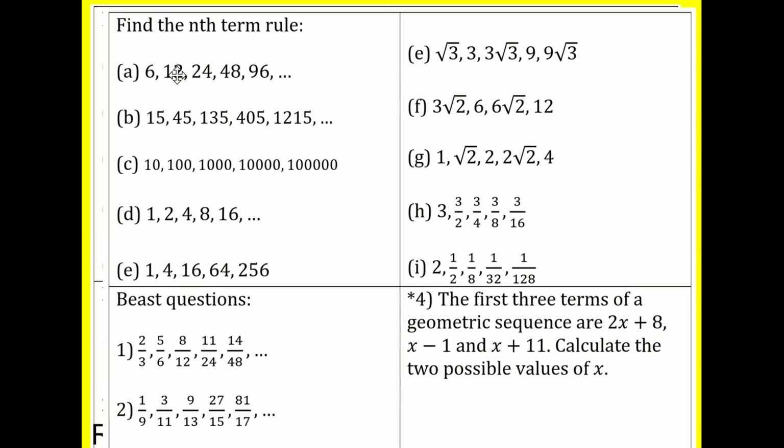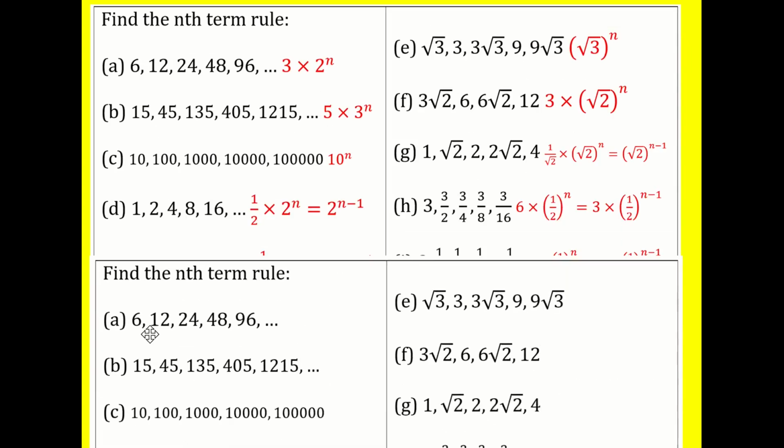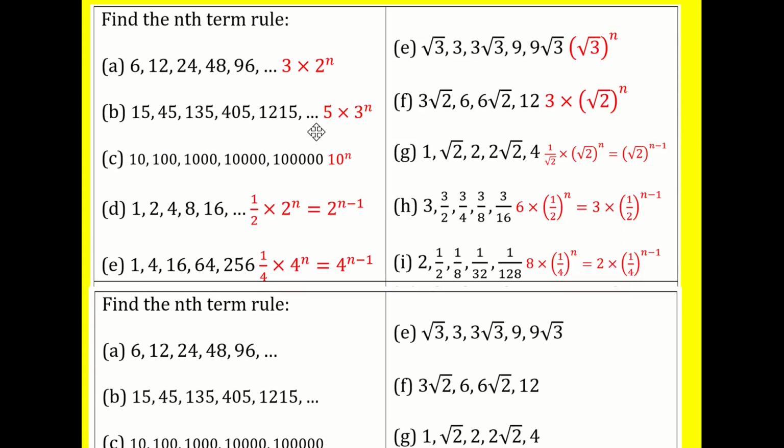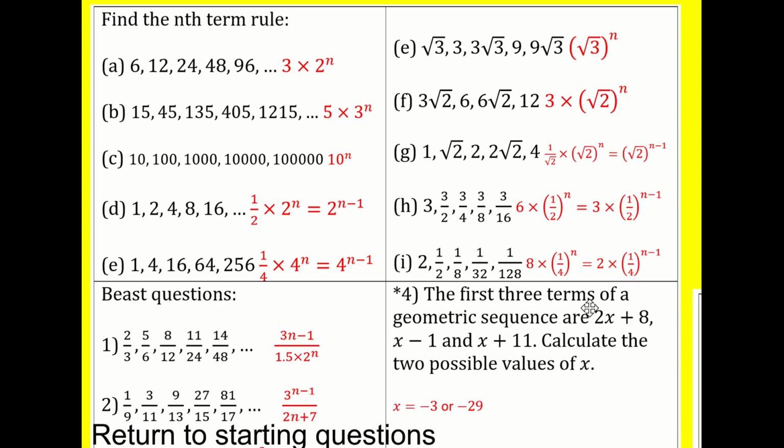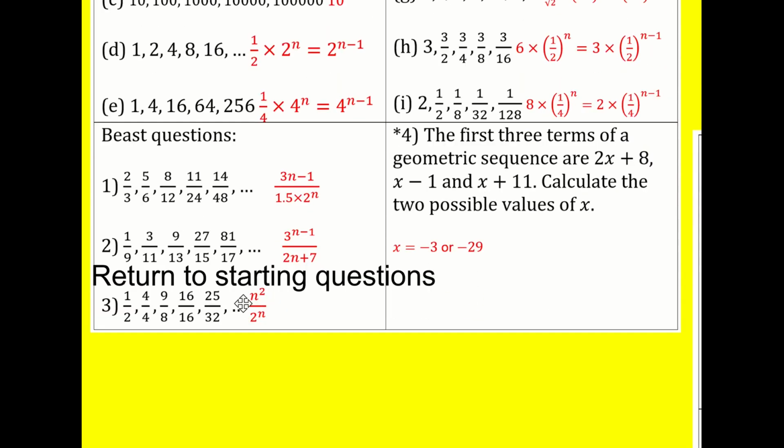So here are the answers. I'm just going to show you the answers to the first one. These have all been simplified, I think as much as possible. And then here are the answers to the other ones. I've purposely made the numerators form a nice sequence and the denominators. If you try and look at the fractions individually, how do they link together?